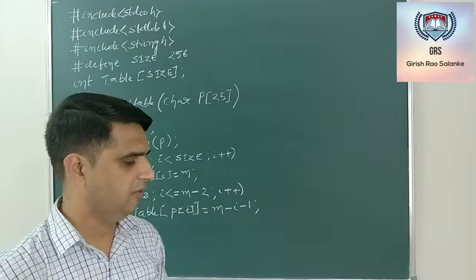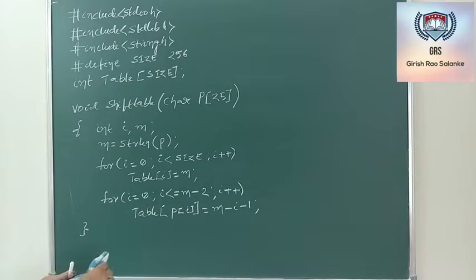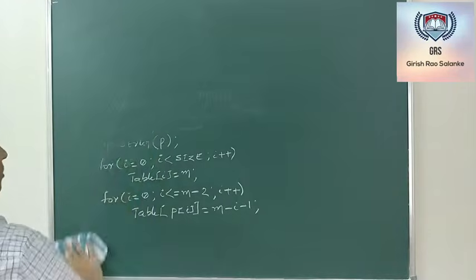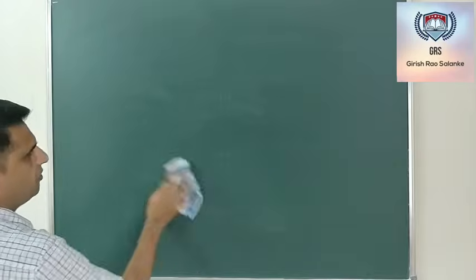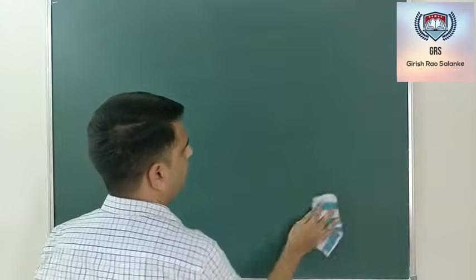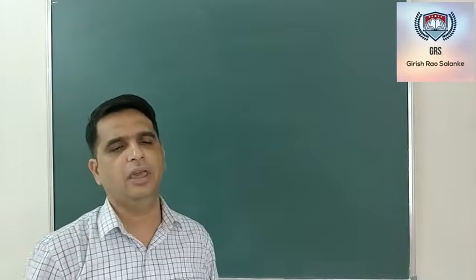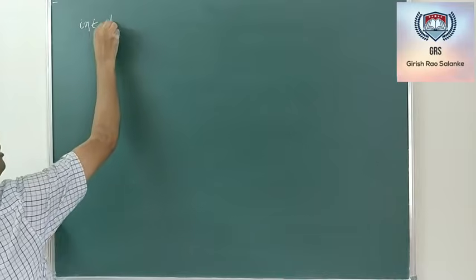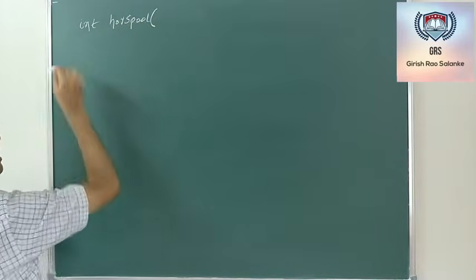Now let's go for the function of Horspool. If you have observed the algorithm that we discussed in the previous video, the algorithm was returning either -1 or the position where the pattern is there in the text. So we'll have the function name as Horspool, and the return type of this function as integer.